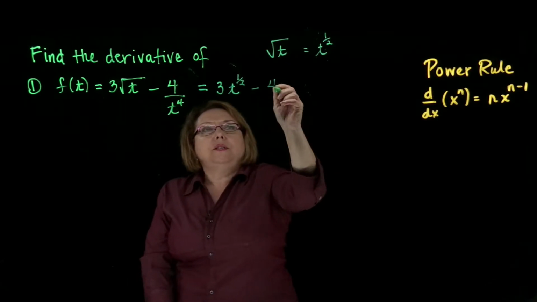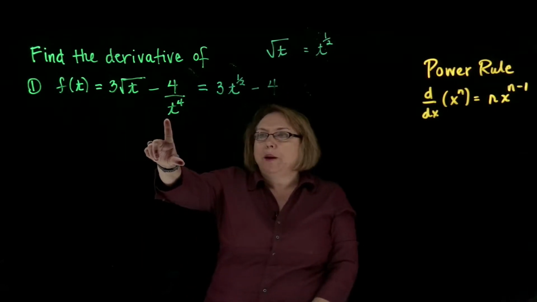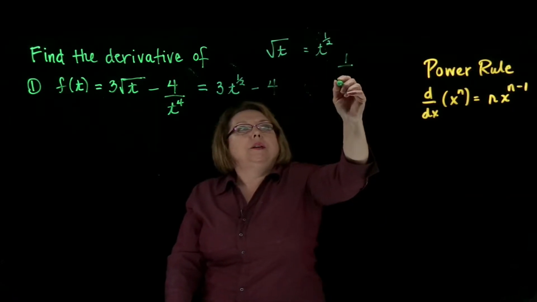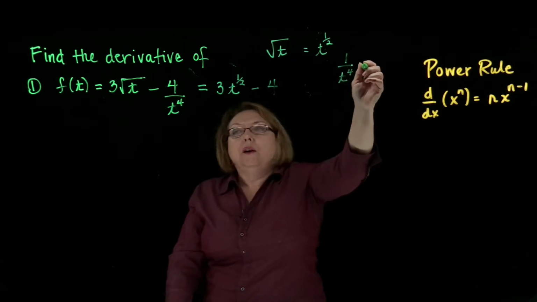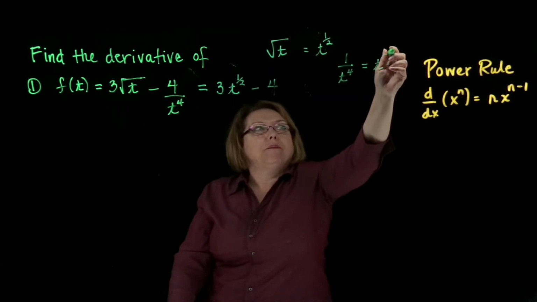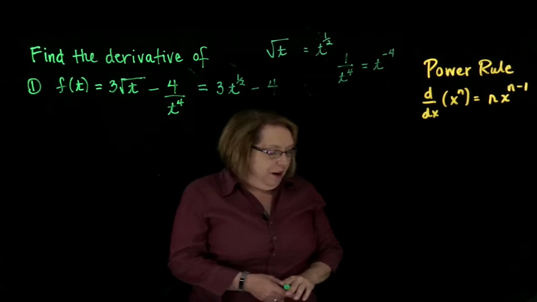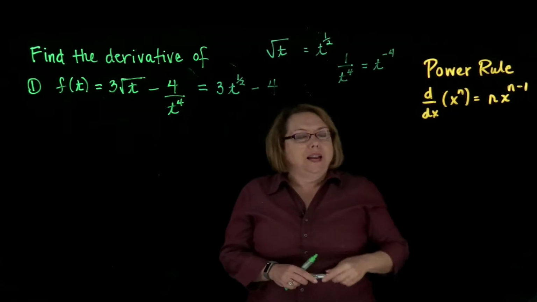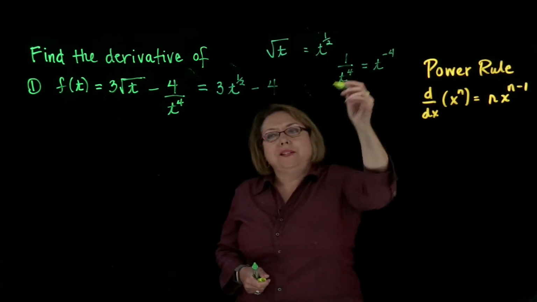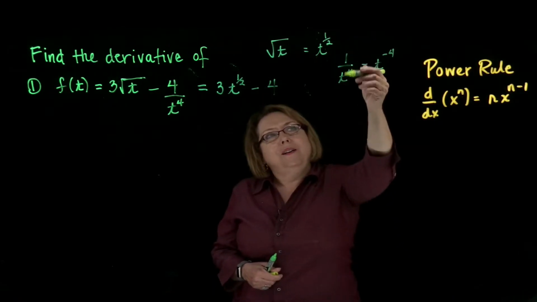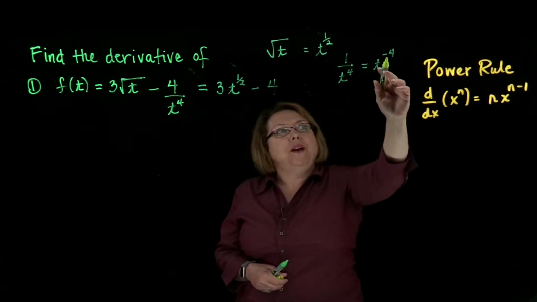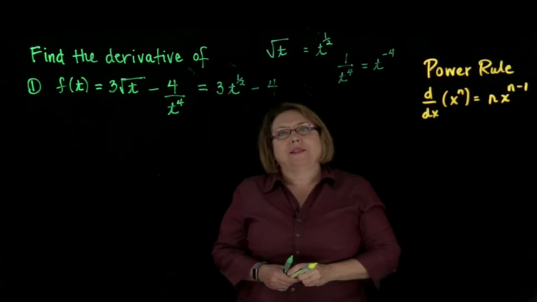And then also this term here, 4 divided by t to the 4th. When we have 1 over t to the 4th, we can represent it as t to the negative 4th. So using our negative exponent rule here, whenever we have a term that's in the denominator, like this one is of the fraction, we can move it up to the numerator but put a negative exponent on it.